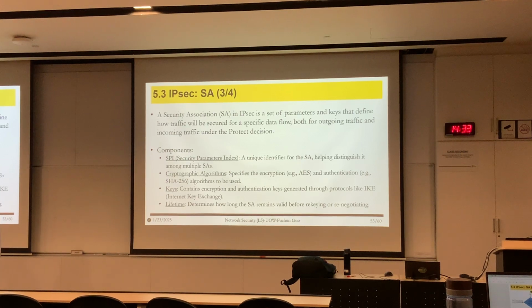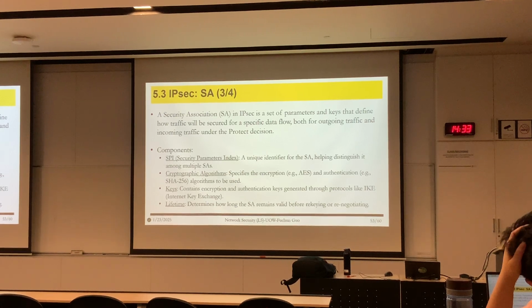And the component inside this has an SPI. With each SA we have a unique identifier, because there could be multiple SAs running on one device, so we have to distinguish them.